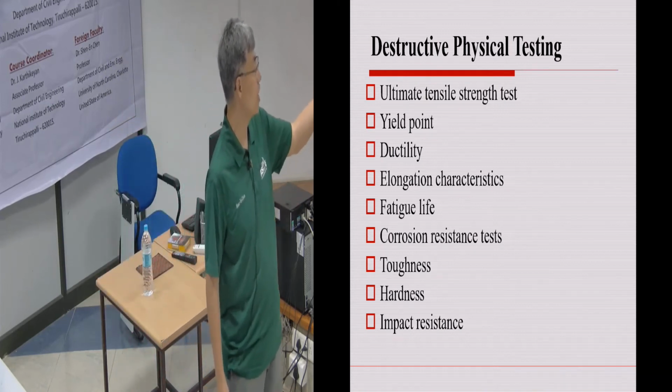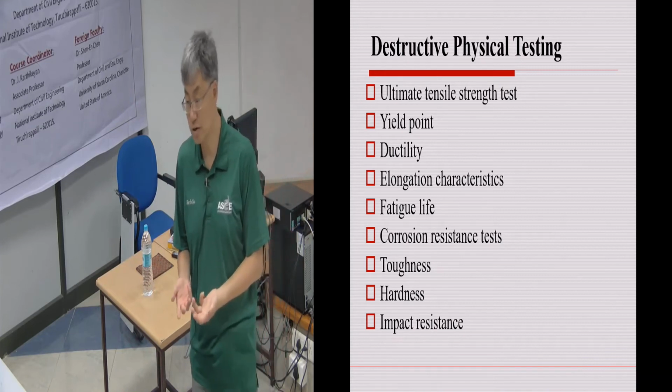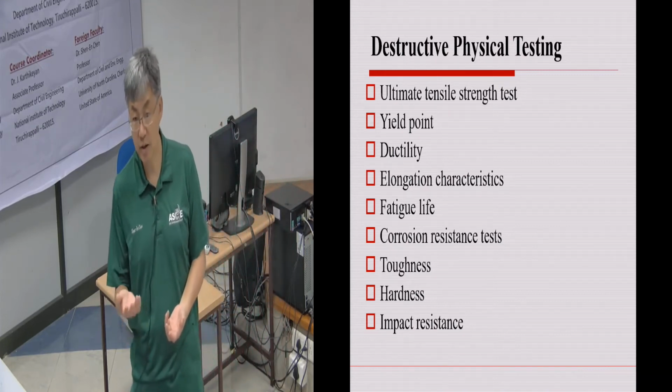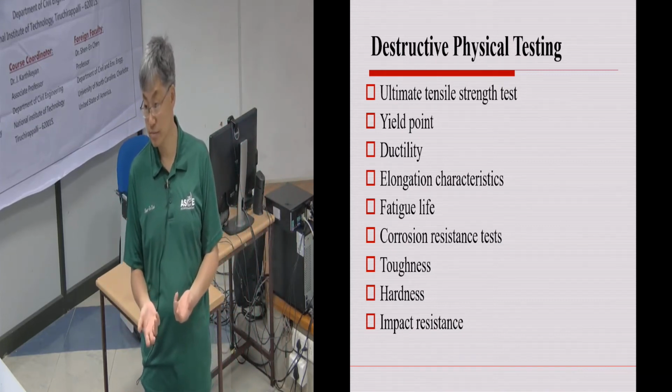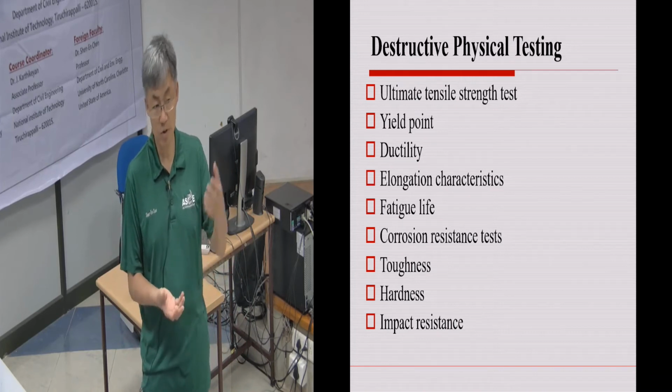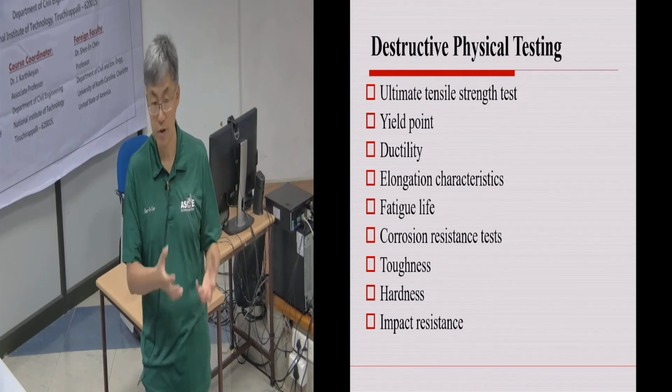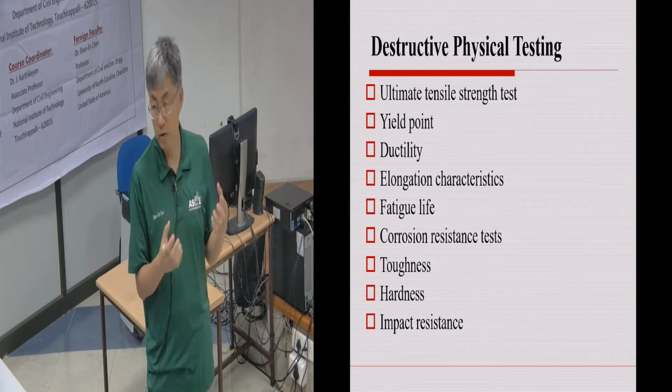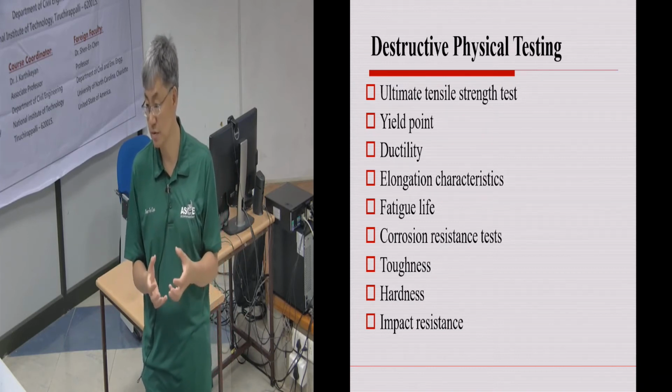Toughness, those are very common. Sometimes you may be required to determine the temperature effect on the structure, on the component, okay? How much was the exposed temperature and so forth. So you collect that information. Those will damage the specimen, okay, for sure.